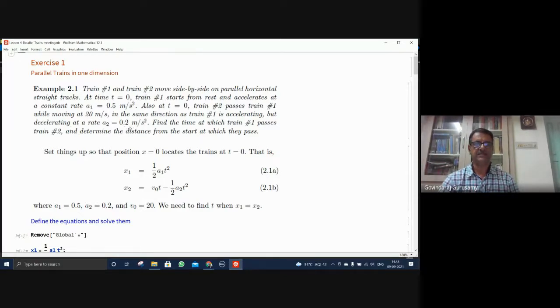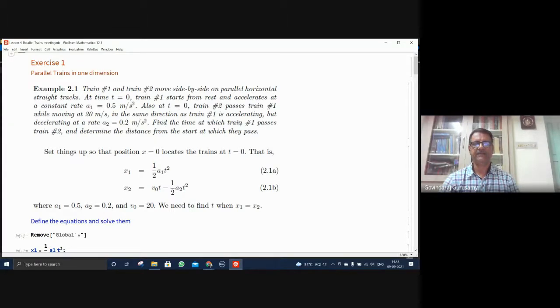So this is the deceleration for train number 2, which is crossing at time t equal to 0 with 20 meters per second as its velocity.